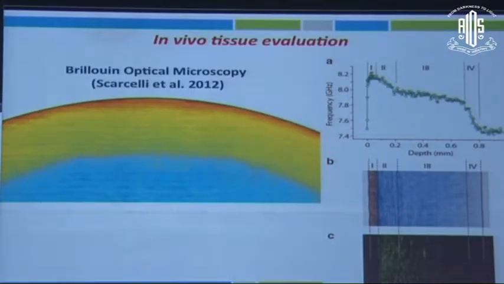But the technique which shows quite significant promise is Brillouin optical microscopy. Now all these methods, what we talk about, we artificially generate stress there, and then we try to assess the biomechanical changes. But in Brillouin microscopy, we are not doing anything to the cornea, we are just passing the photons through the cornea.